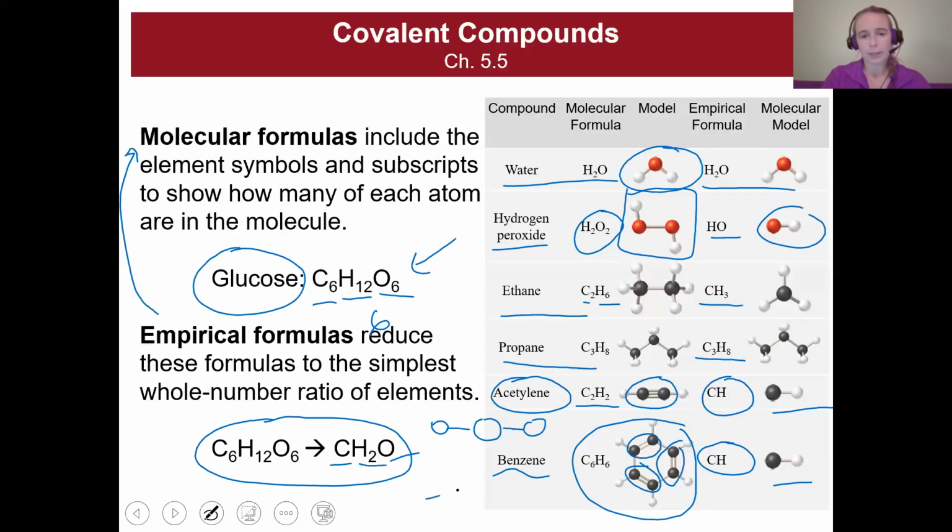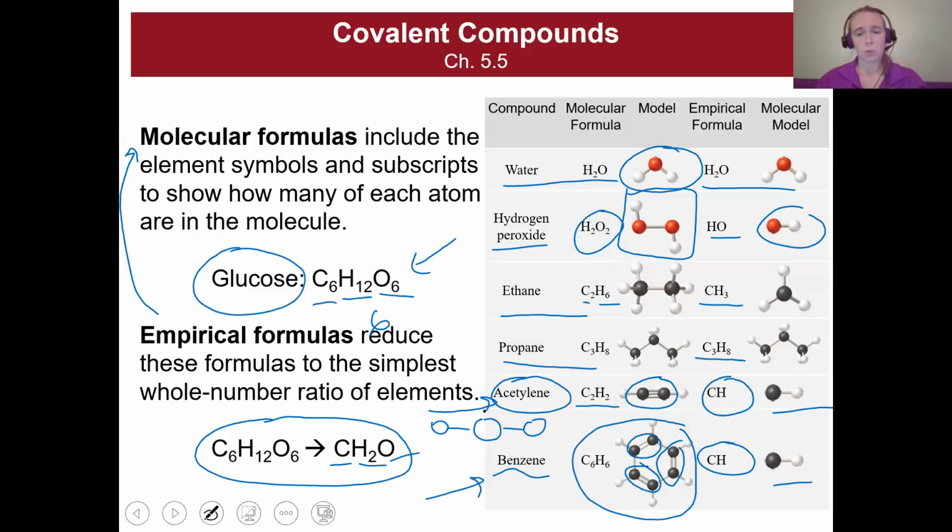So if you look, that's actually the same whole number ratio that we had for acetylene. So these two very different molecules have the same empirical formula. So you can see that there's a little bit of a problem here when we are determining empirical formulas experimentally from our combustion data, that we could be looking at either benzene or acetylene, but these are two very different molecules based on their molecular formula and their structure.